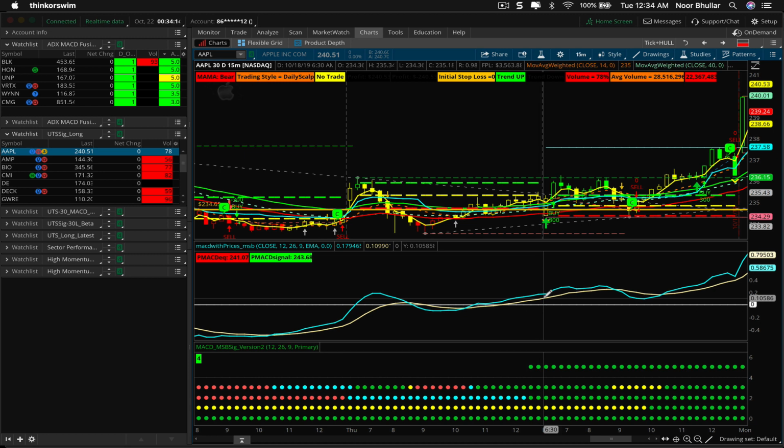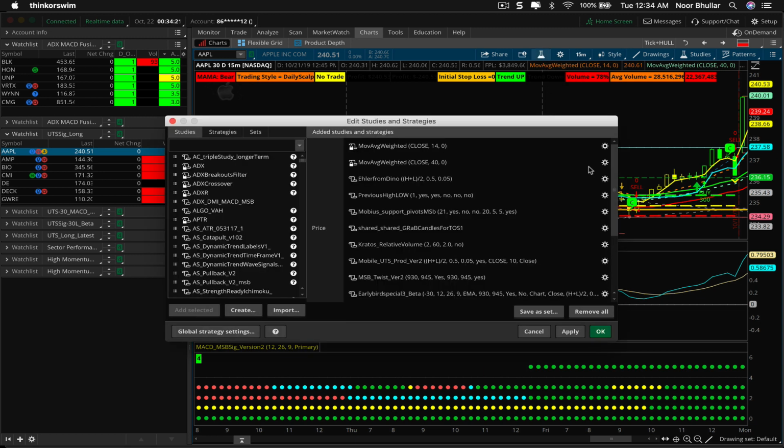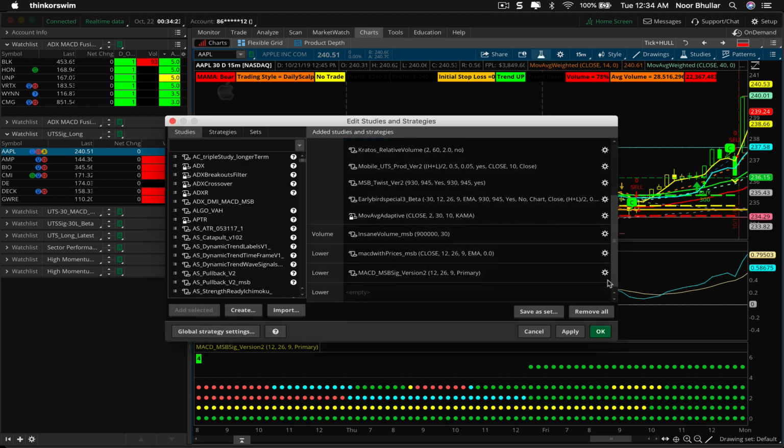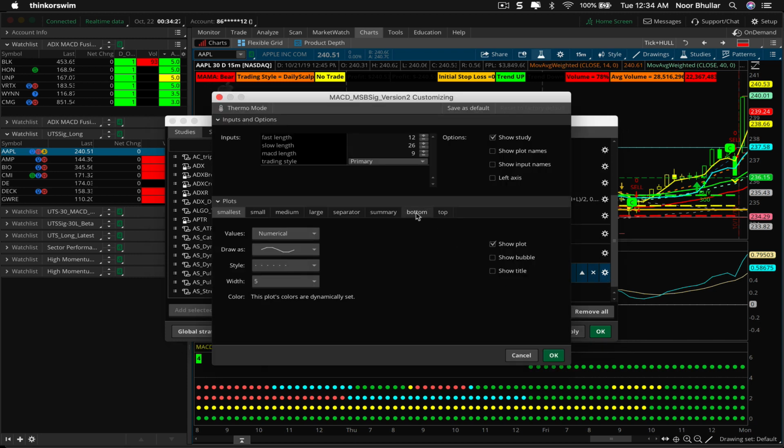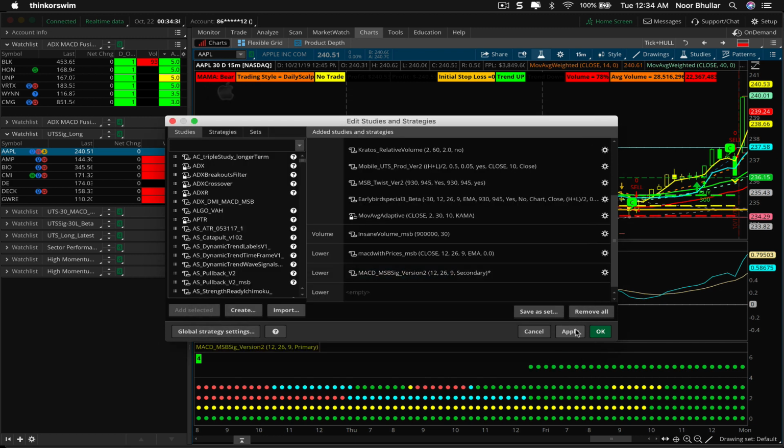So that's one approach. Now, you can tighten the situation a little bit by going into the studies, and instead of primary, you click secondary. Just select the secondary option here. This is the fast length, this is your slow length, and this is the moving average. That's what we use, but that's also configurable.